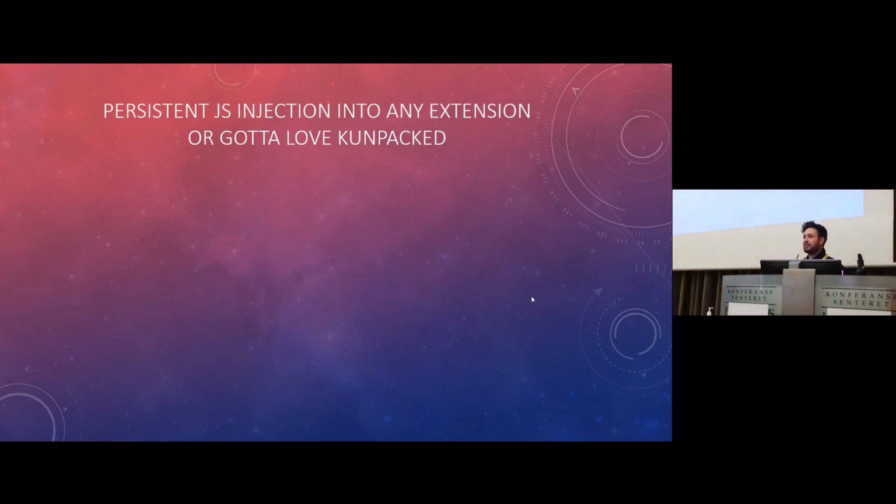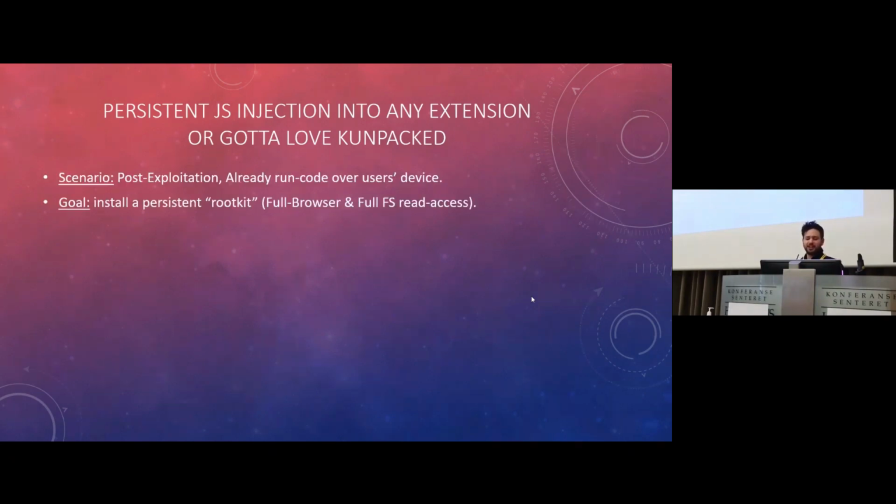And now let's finalize with the persistent JavaScript extension, or as we gotta love, K-Impact. So now that the active vector is a post-exploitation method, we want to implant our own rootkit inside the browser. And you want to have full browser access and also full file system access. The cool thing here is that when you access the file system from your own process, of course, it will be noticed.